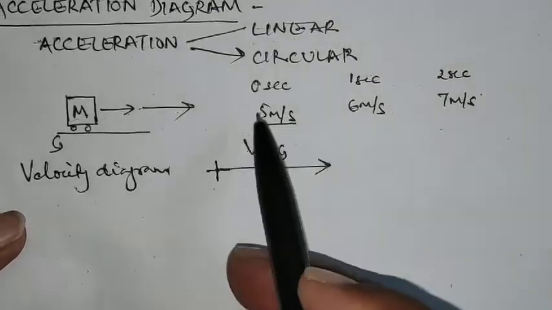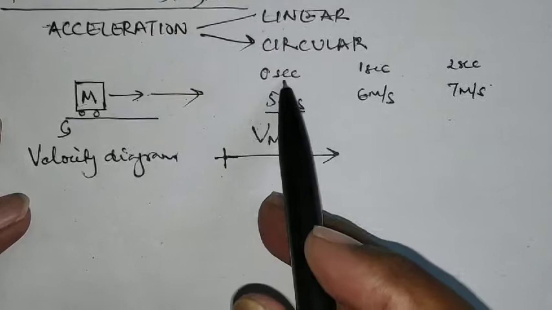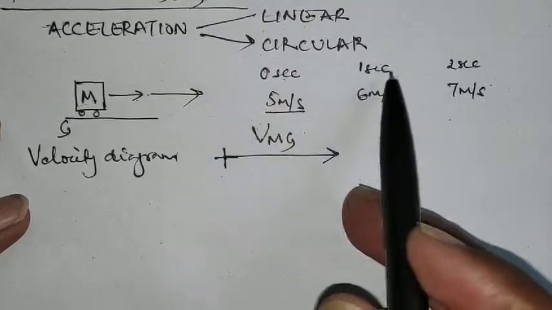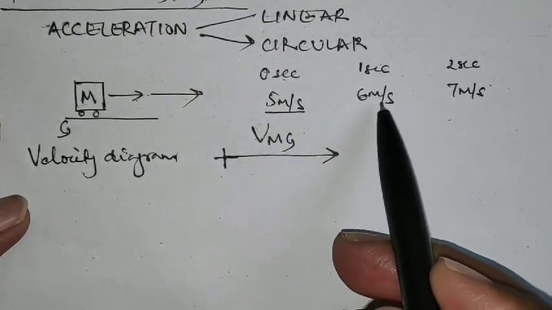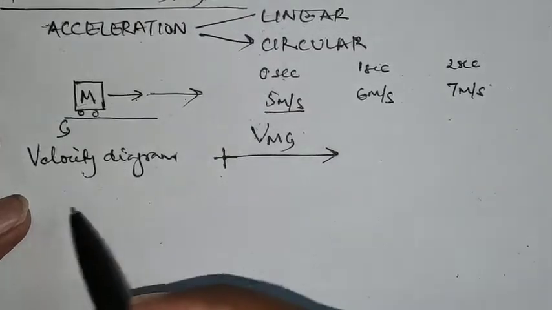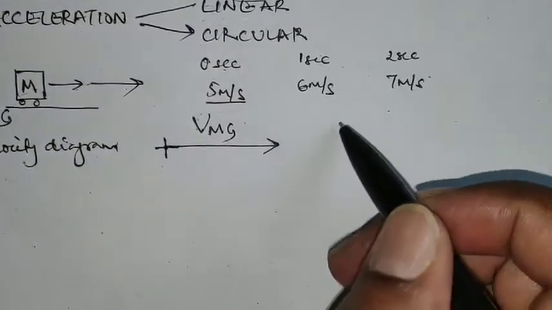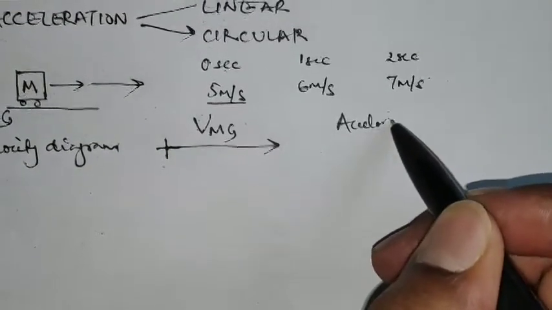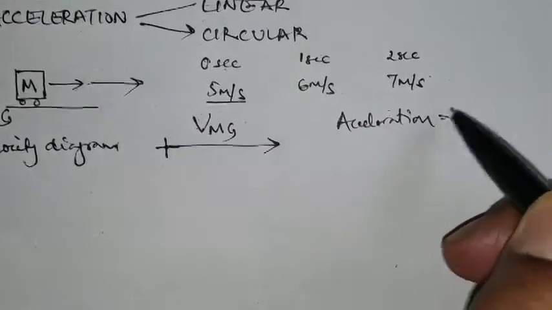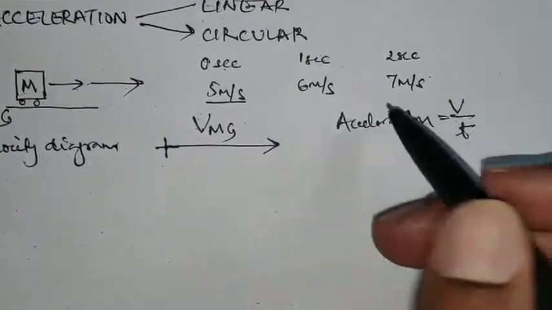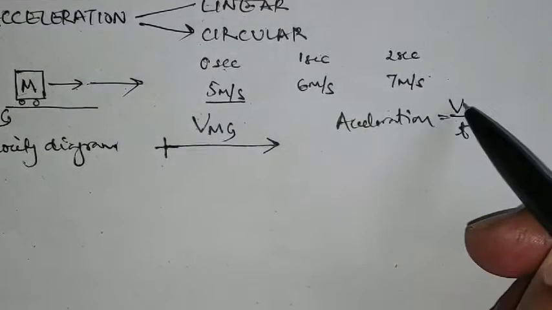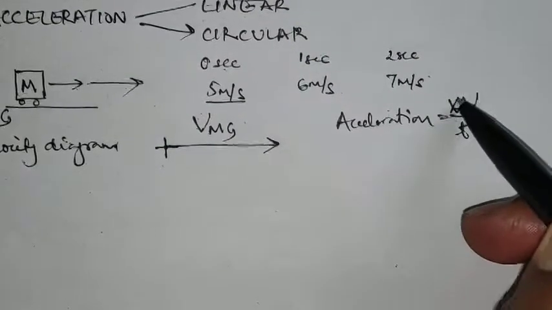Now at this instant you can see that from 0 seconds to 1 second it has increased velocity by 1 meter per second. Acceleration is nothing but the change in velocity divided by time.